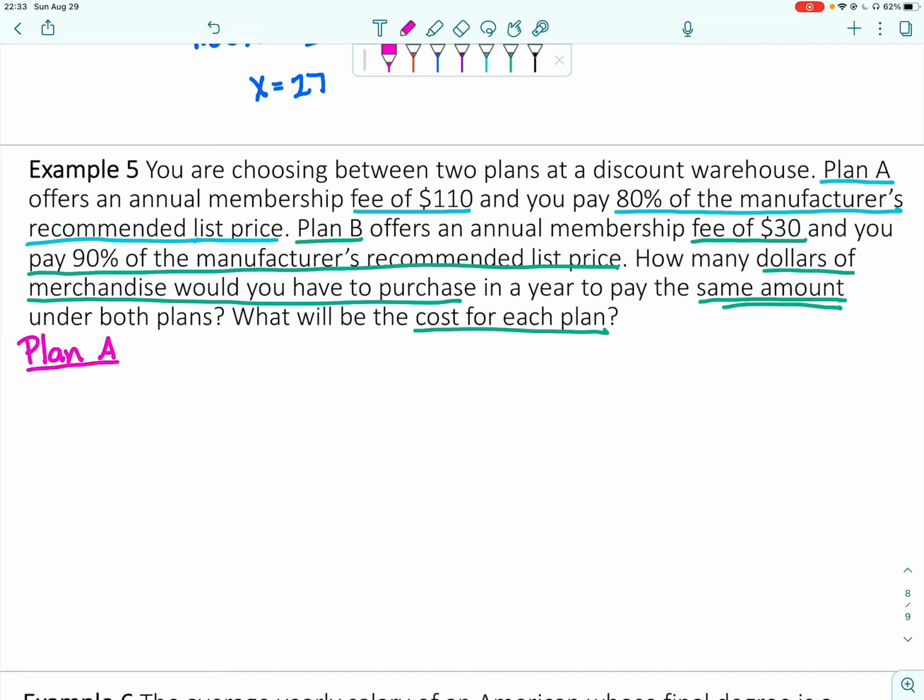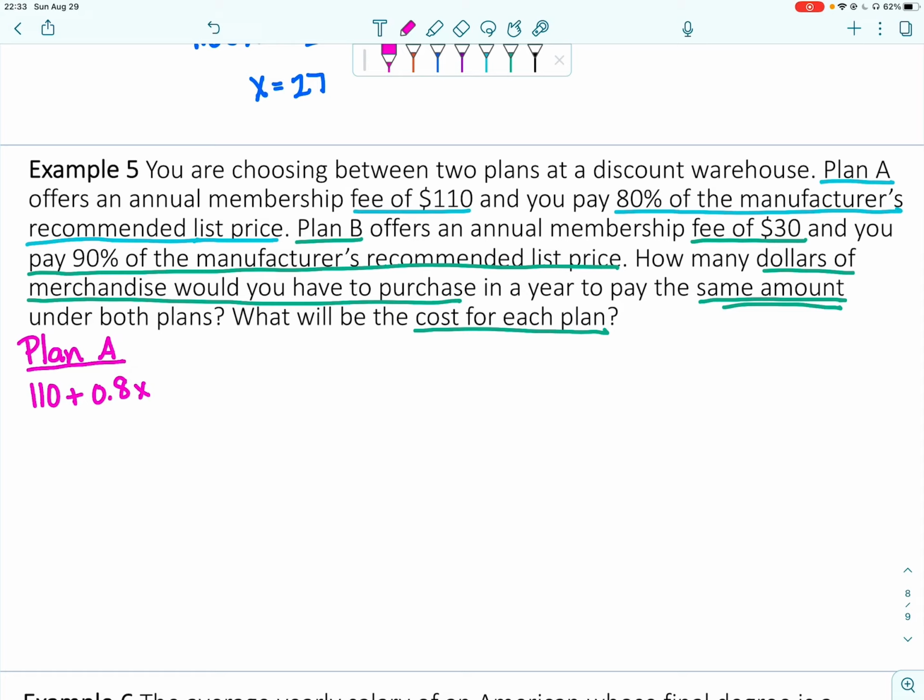So Plan A, your membership fee is an upfront fee of $110, and then you pay an additional 80%, which is 0.8 times however much money you spend on things from that store that year.